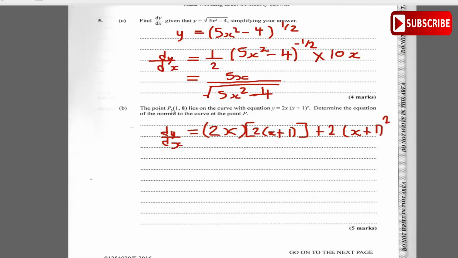Now I need the gradient at P. The gradient at P is going to give me the gradient of the tangent at P. So at P, we know that x is equal to 1.